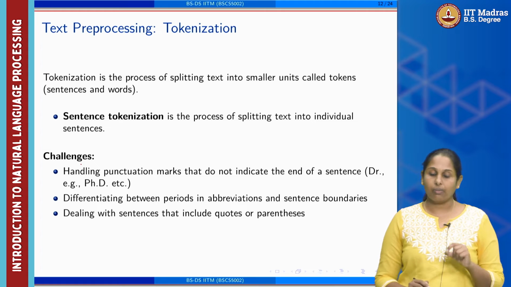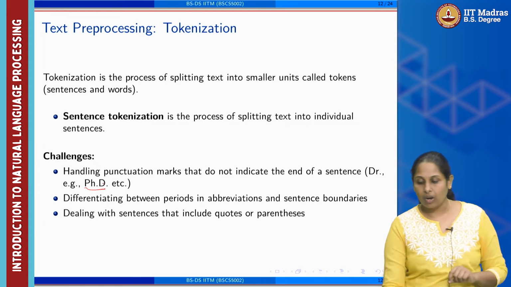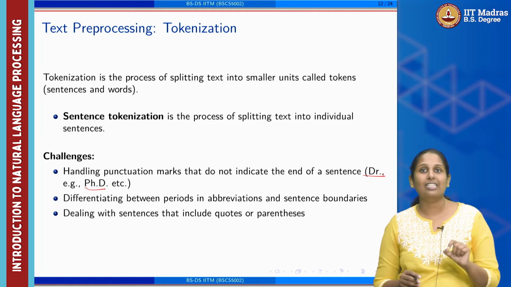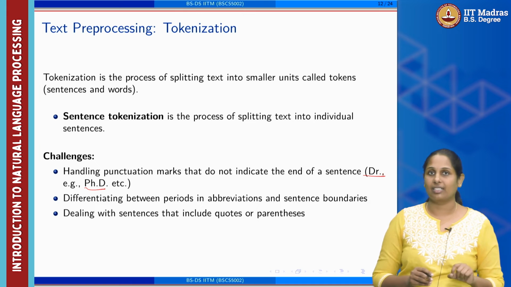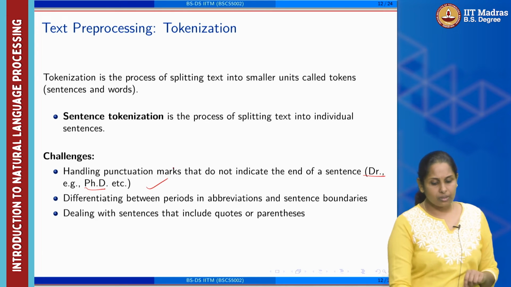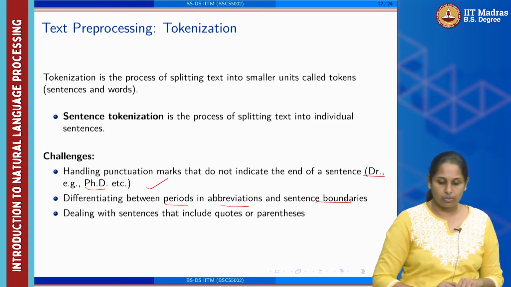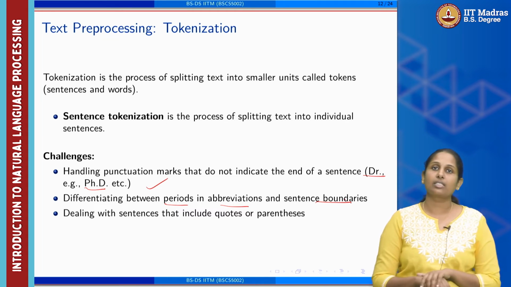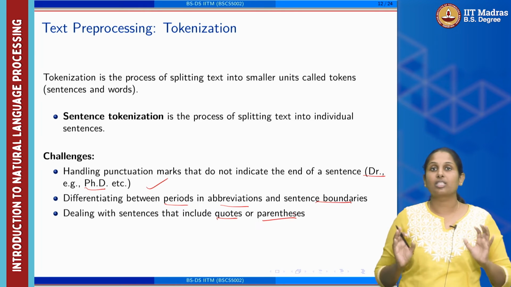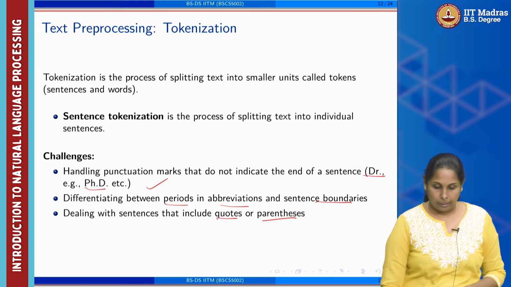Sometimes it is used in abbreviations, like PhD, Ph dot D, or Dr. with a dot. These periods should not be identified as a sentence boundary, so there is a big challenge: we need to differentiate the periods in abbreviations from sentence boundaries. Also, sentences that include quotes and parentheses should be kept as part of one sentence. They should not be split into multiple places.